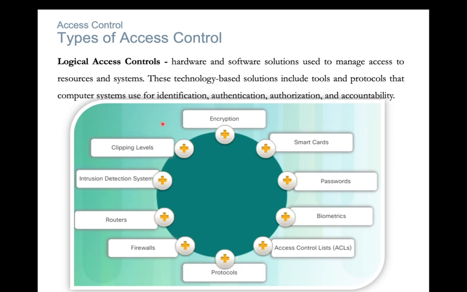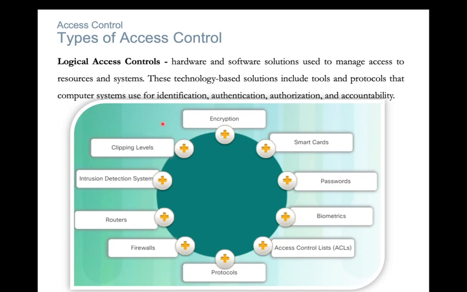There are more complex protocols used in large networks for verifying authentication, authorization, and accounting. Sometimes we call it AAA, triple A architecture protocols, such as TACACS+ and RADIUS, which we already discussed in previous lectures.